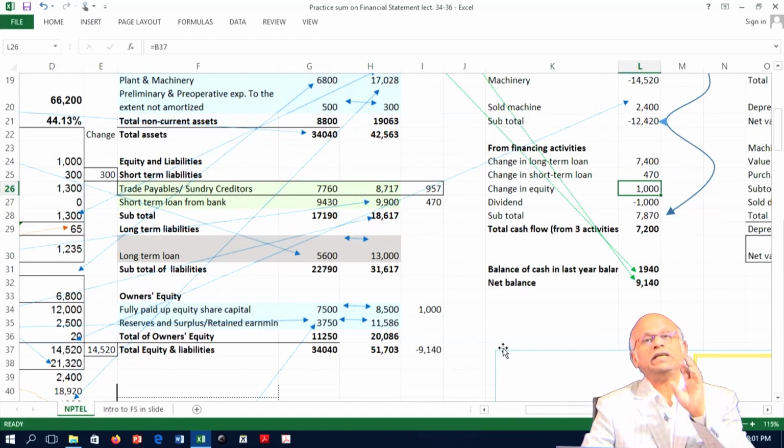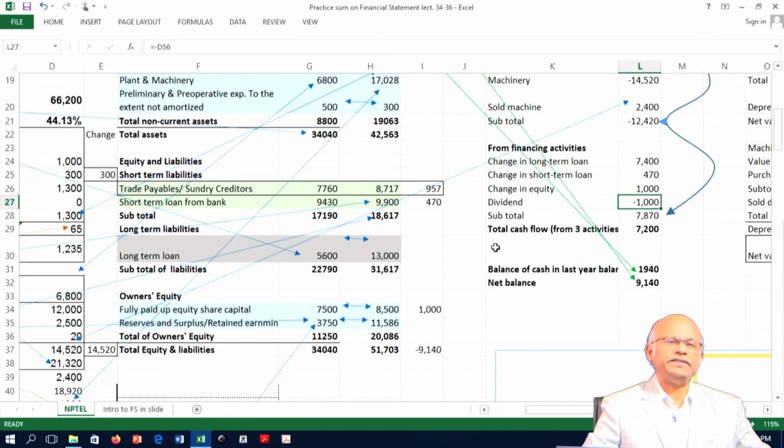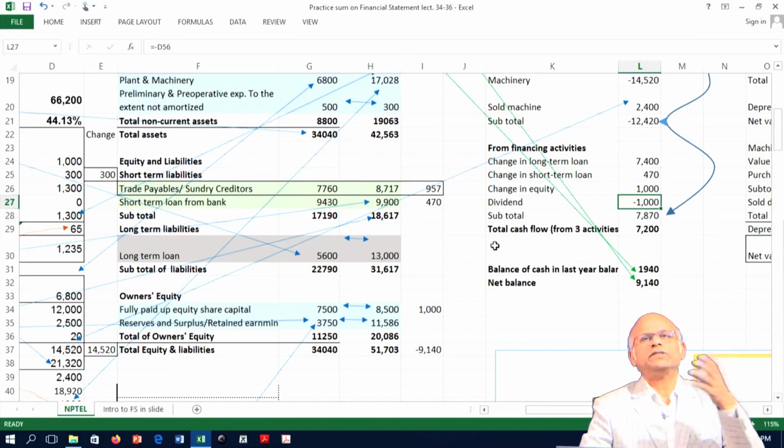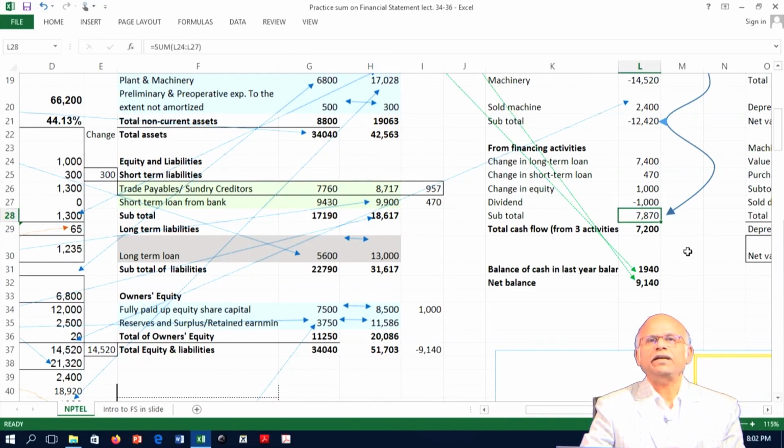That means from the point of view of the law, company is different from the founders. So, founders bring in money, that is a positive cash flow. Now, we pay dividend to founders. So, founders take away another 1,000 rupees. So, money goes out, that becomes a negative cash flow. We make a subtotal of this, and net cash flow from financing activity is plus 7,870.